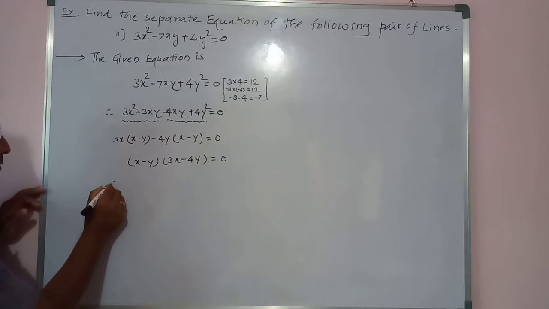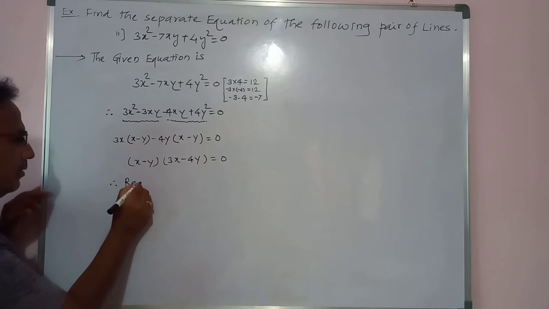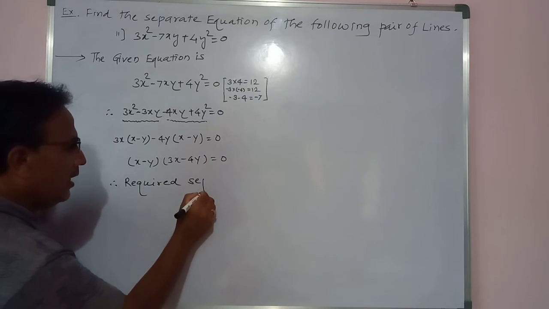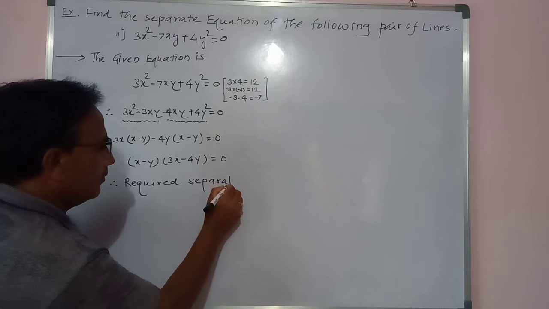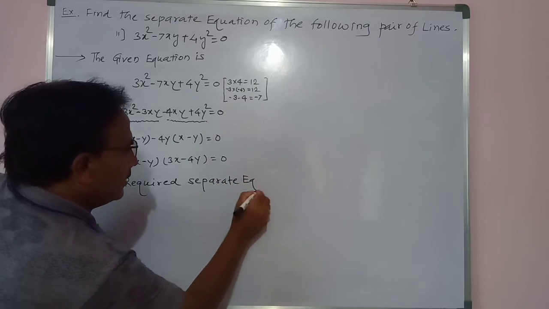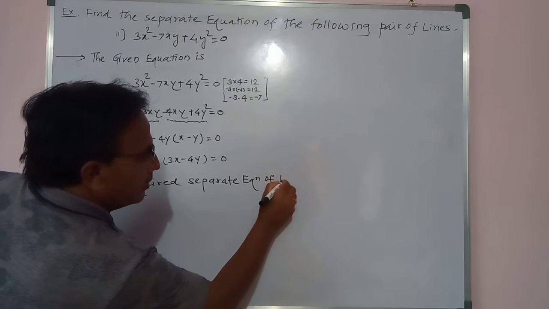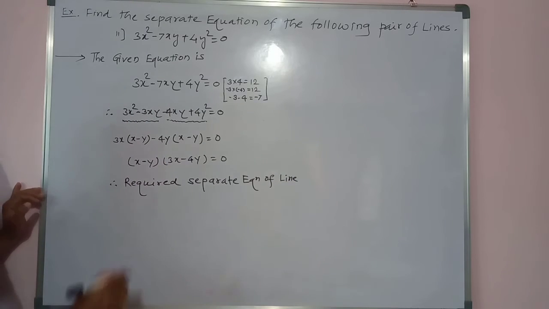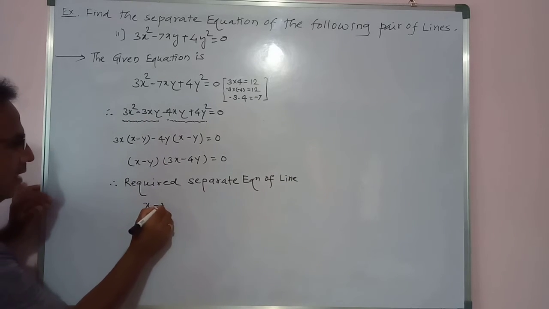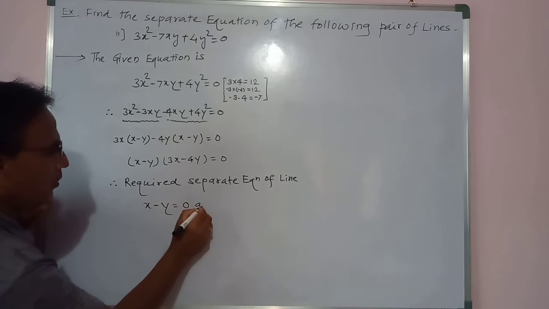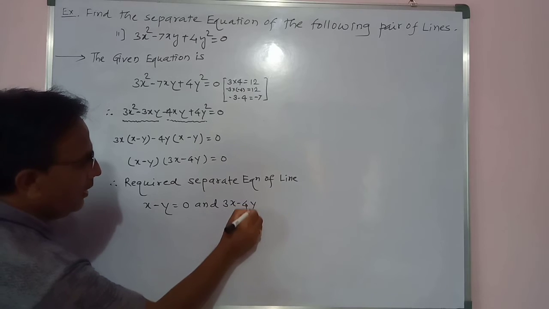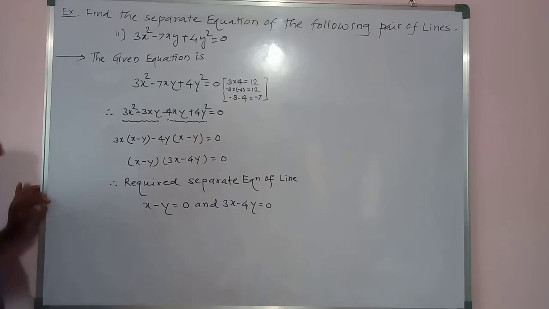Therefore, the required separate equations of the lines are x − y = 0 and 3x − 4y = 0.